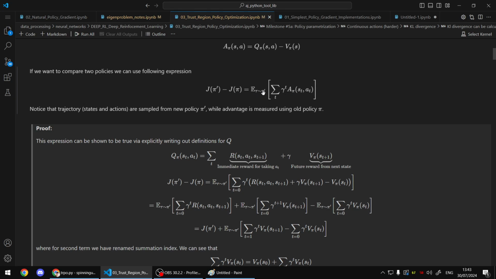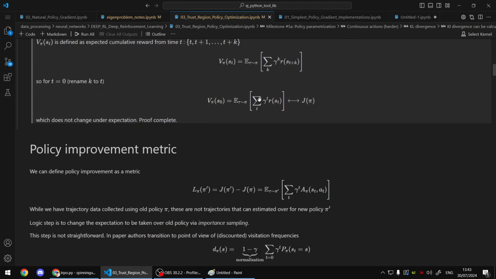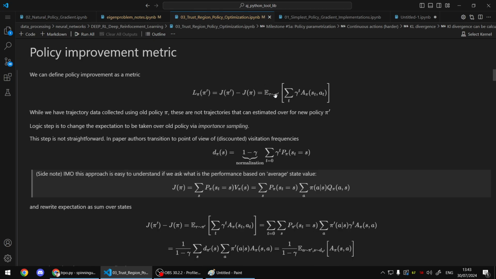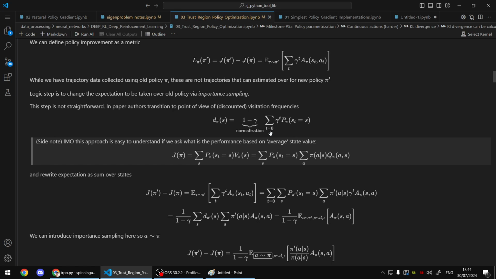But the problem is that we had to change the distribution from which everything is sampled, because we have access only to old policy data, although we have our new policy. Of course, we have its probabilities.